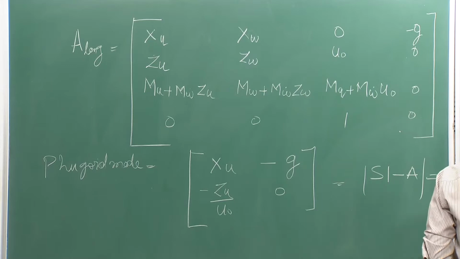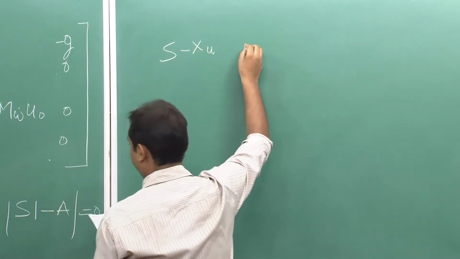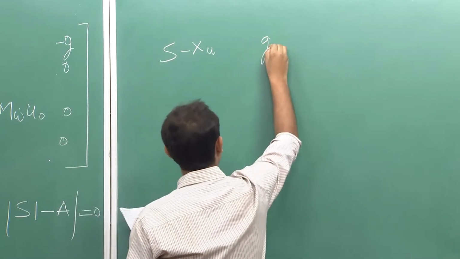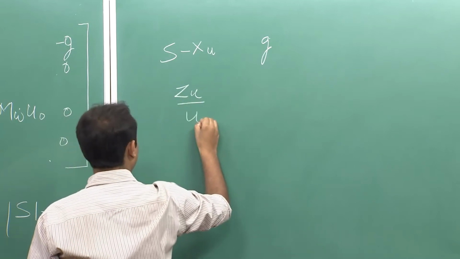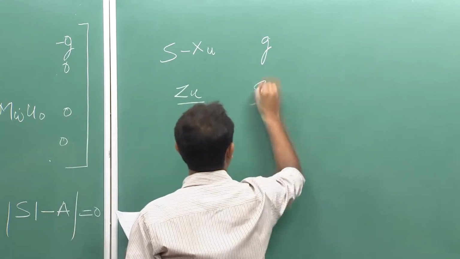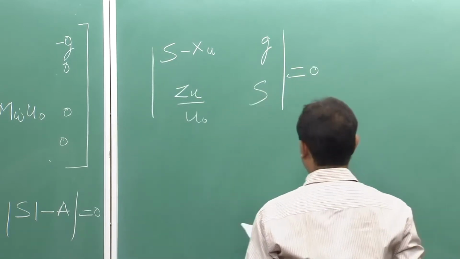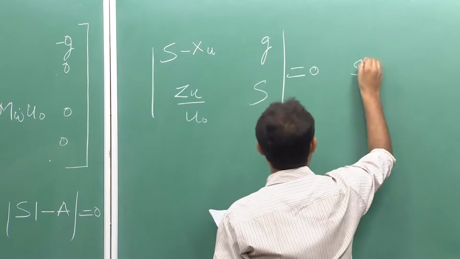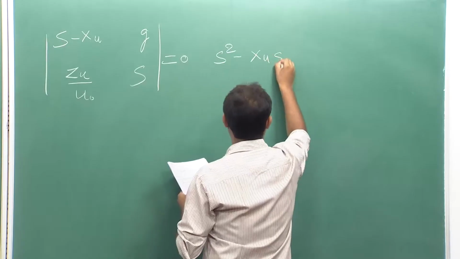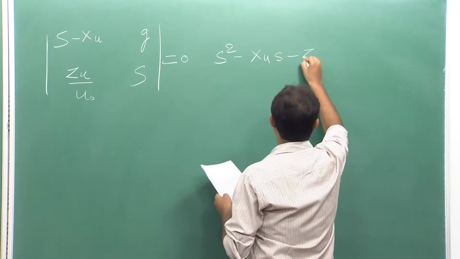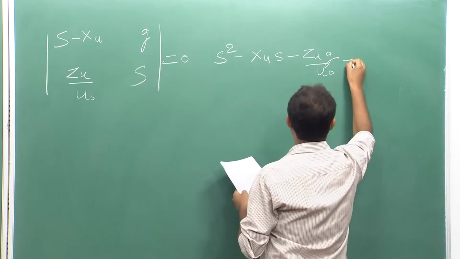Now equating this matrix, we get S minus XU, G, ZU upon U naught, S, equal to 0. So the characteristic equation will be S square minus XU of S minus ZU G upon U naught equals 0.